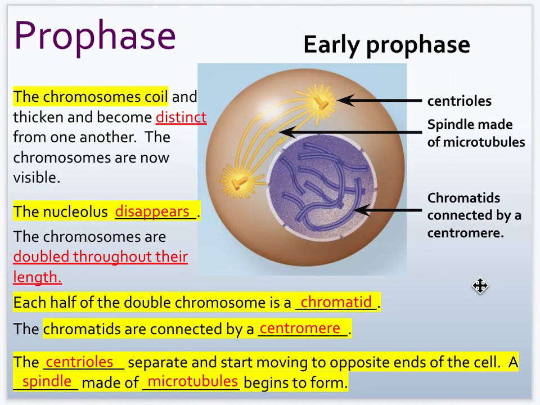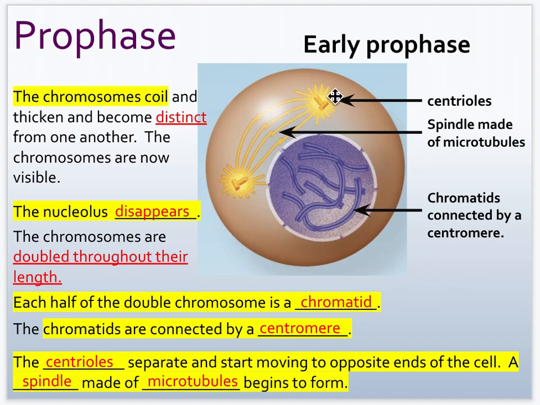So the first phase of mitosis is prophase. And in prophase, the chromosomes start to coil up. The nucleolus, that is what is surrounding the nucleus, will disappear. Each half of the chromosomes double up, and they are bound together by a centromere.